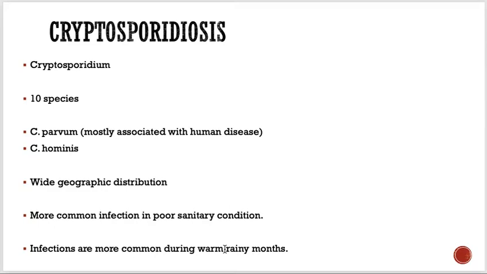Okay, so as I told you, it mostly affects people who are immunodeficient. Remember, infections depend on the immune status of the patient, the age of the patient, whether there is any local outbreak, and all these things.